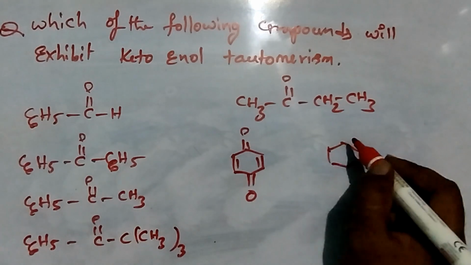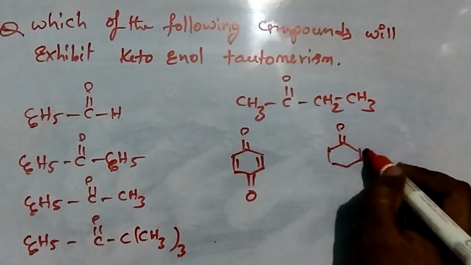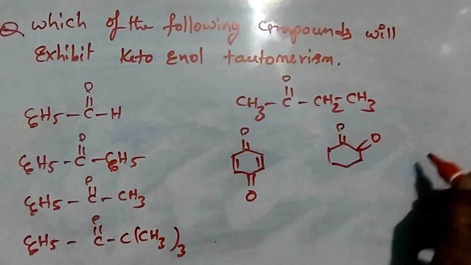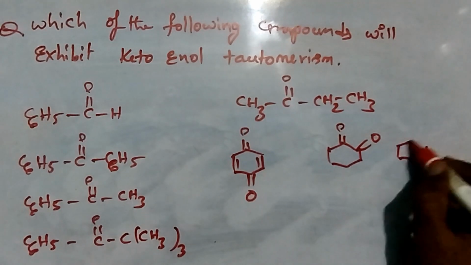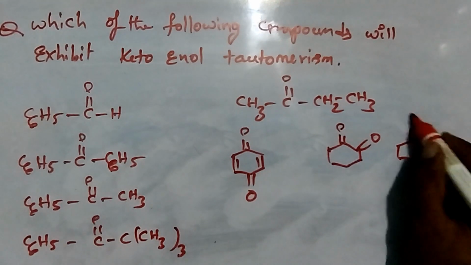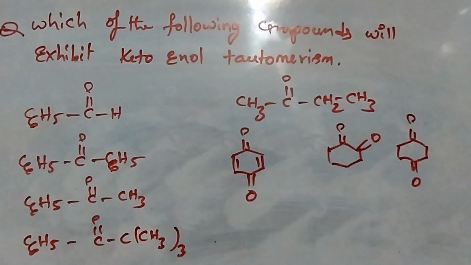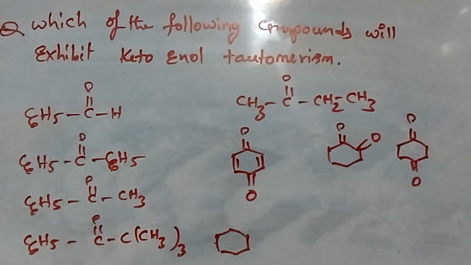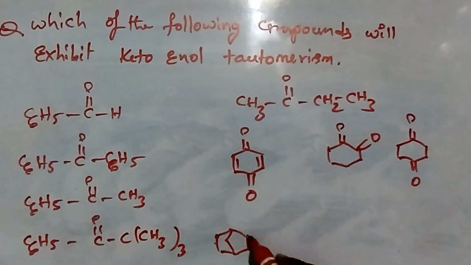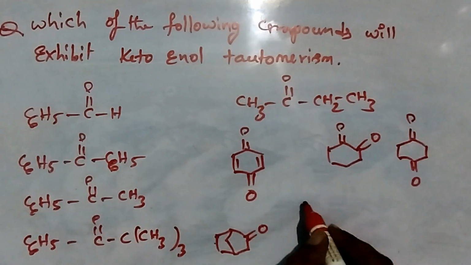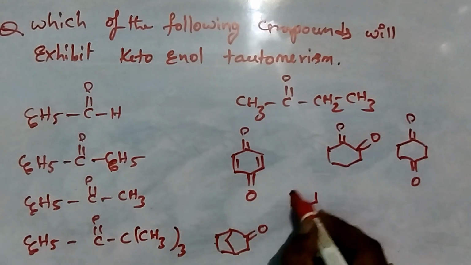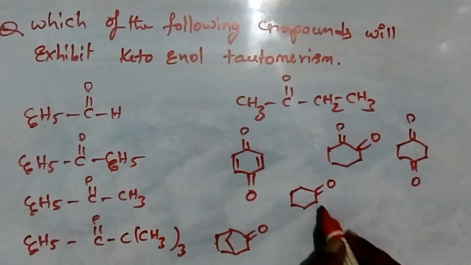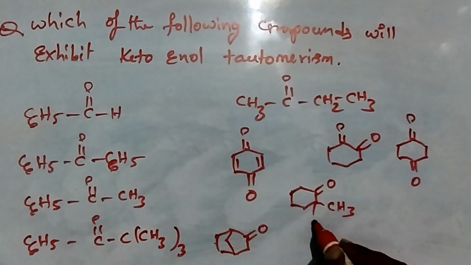Then another, a 6-membered ring with 2 places double bond O. Then a bicyclo compound, 6-membered ring, 1 place double bond O, another place is CH3, another place is CH3.